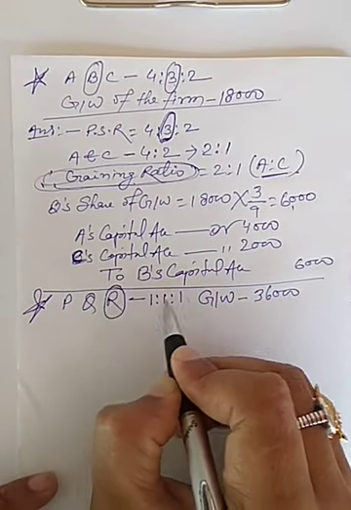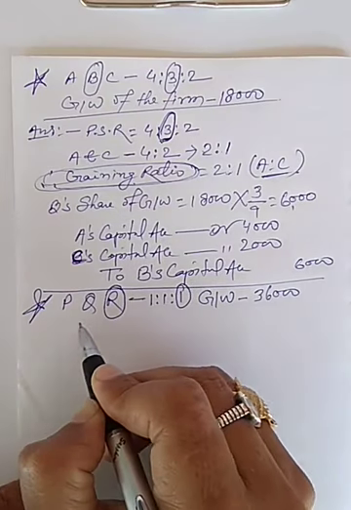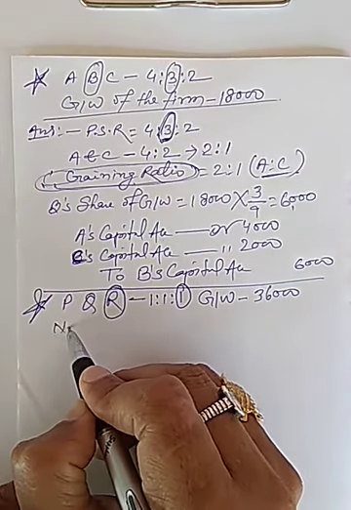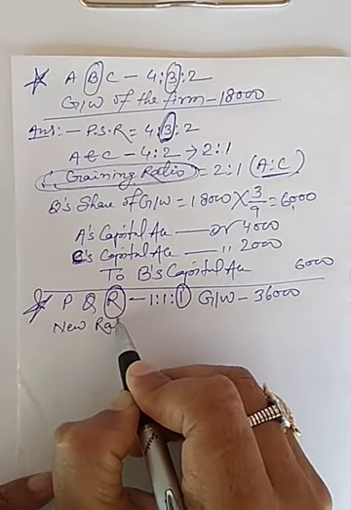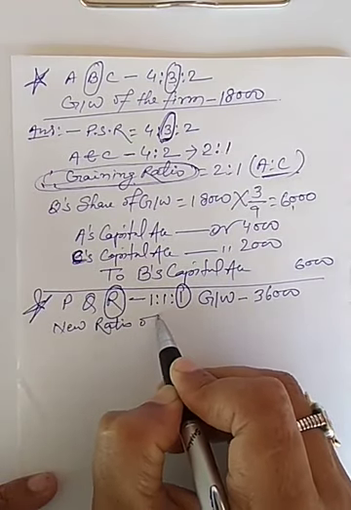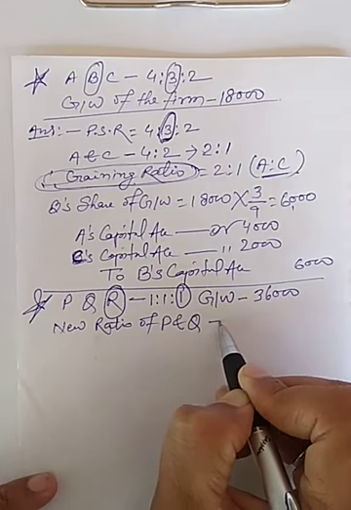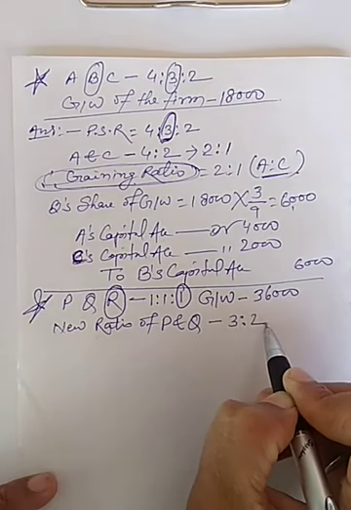R is the retiring partner, and the question says the new ratio of P and Q will be 3:2.